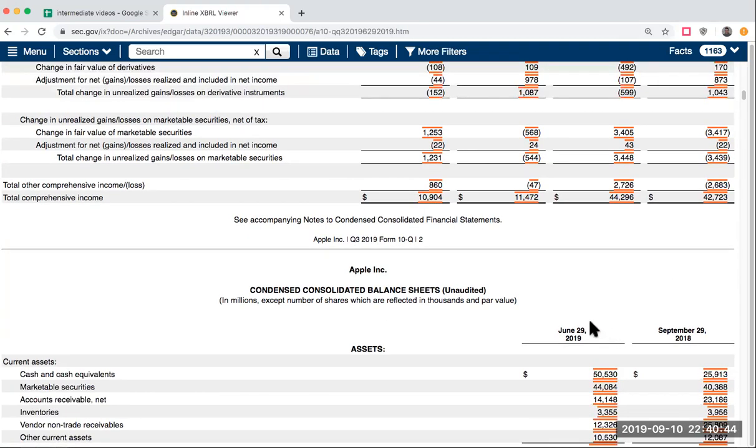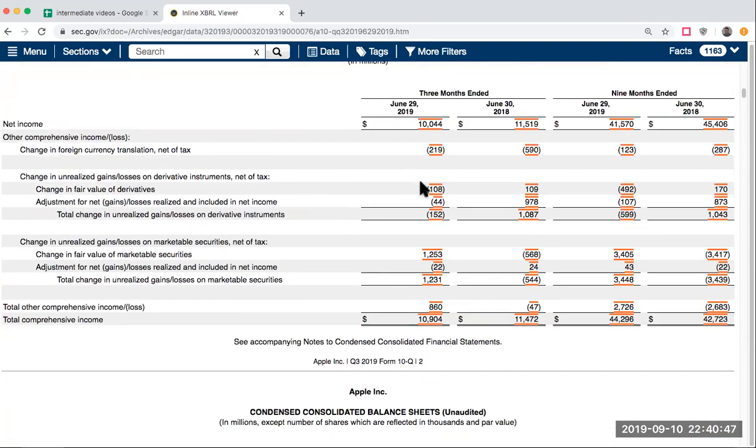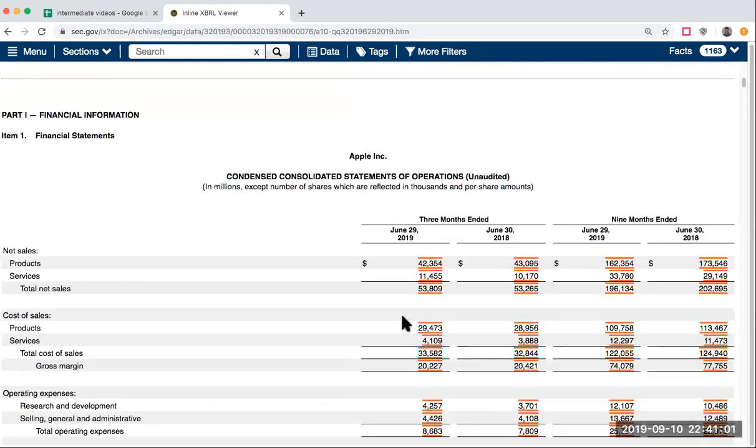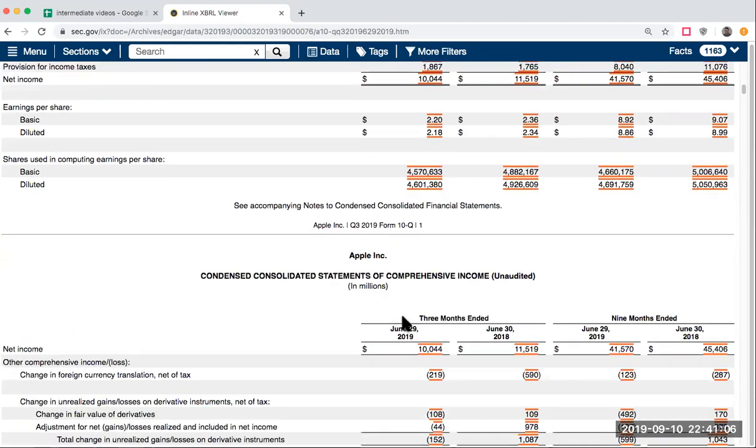So what I then need to do is show that, wait a second, I've got a change in the value of my investments. Therefore, I need to reflect this. I can't put it in income because I haven't actually sold the security. Rather, this is just a change in value.